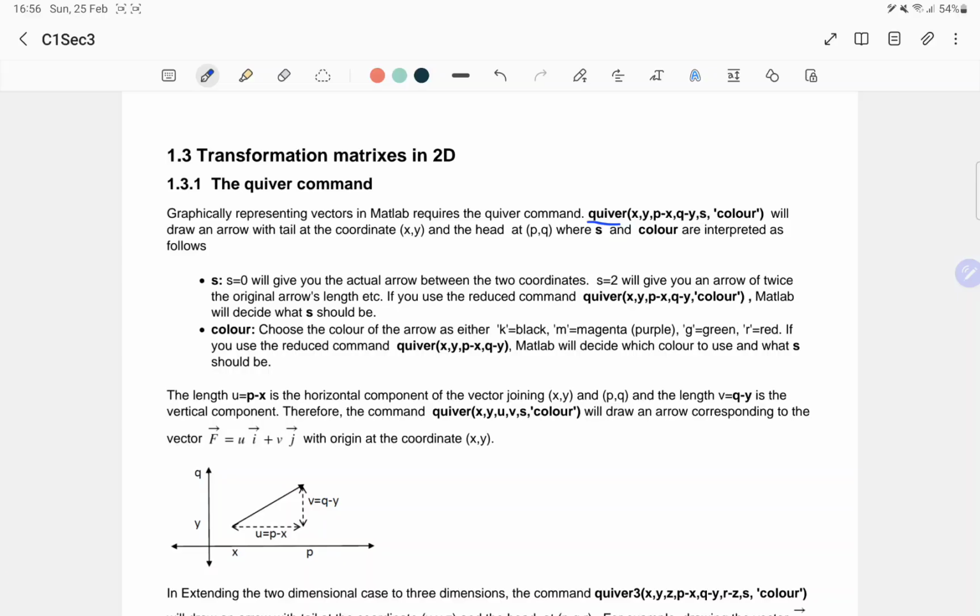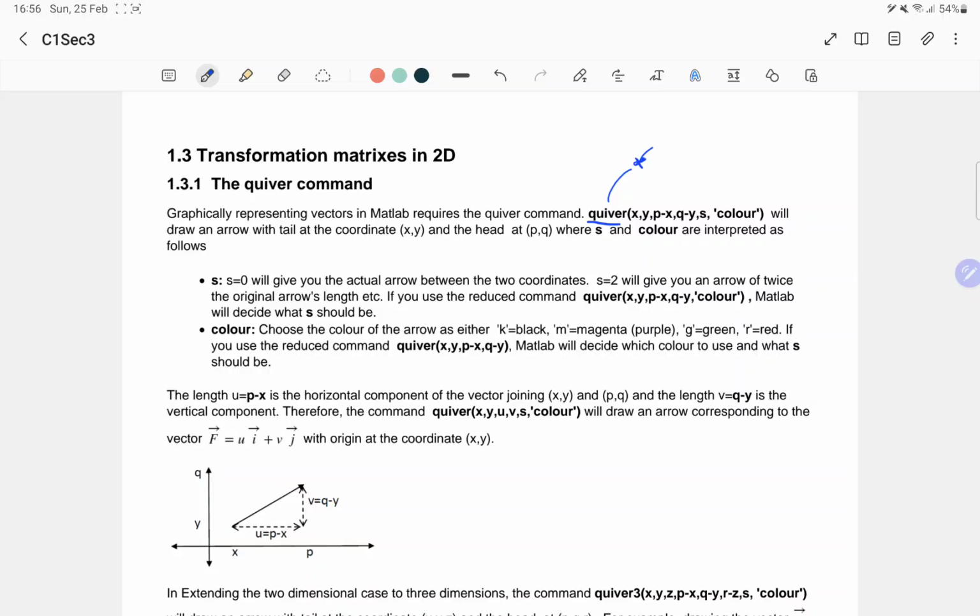So one might ask, why use the quiver command? The quiver command in MATLAB is specifically designed to visualize vector fields. It allows us to plot arrows at specified points where the direction and magnitude of each arrow represent the direction and strength of the corresponding vector in the field.